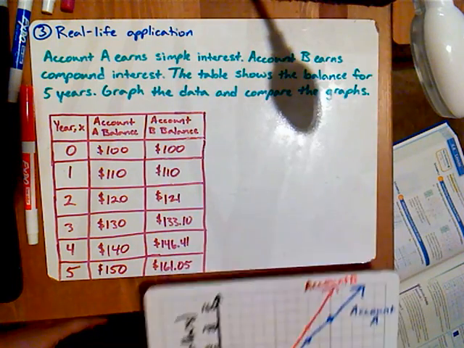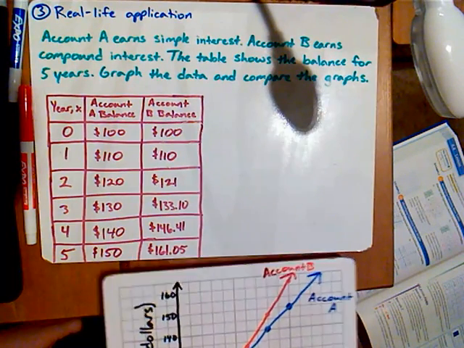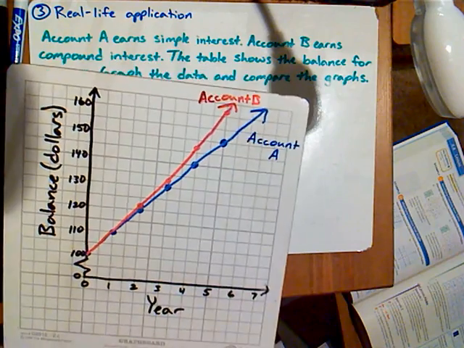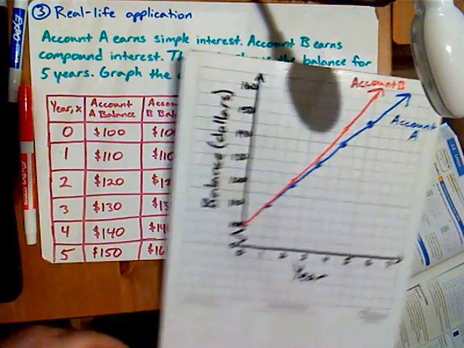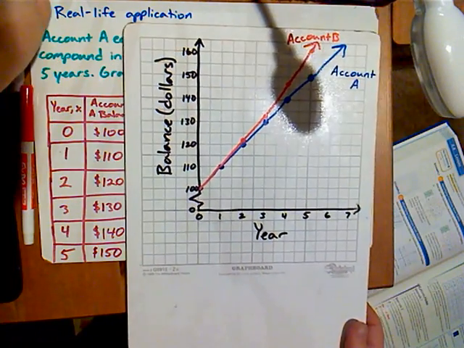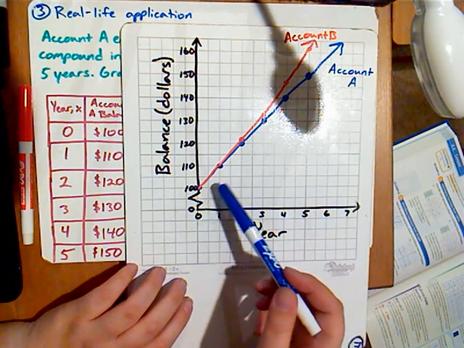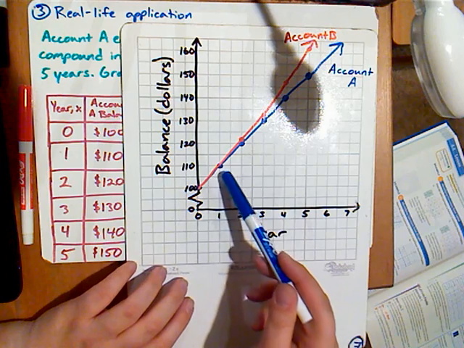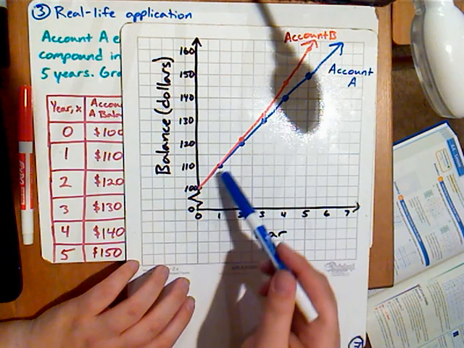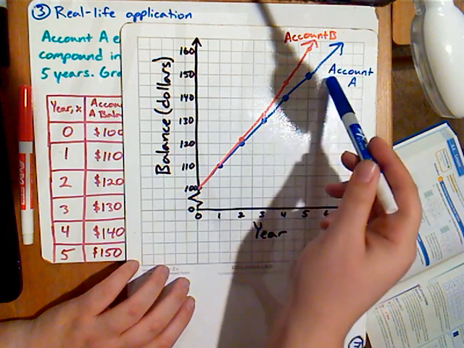And then what it wants us to do is compare the graphs. If we look at our graphs, we can see that account A is a straight line increasing at a constant rate of $10 every year. So each year it's increasing by $10.